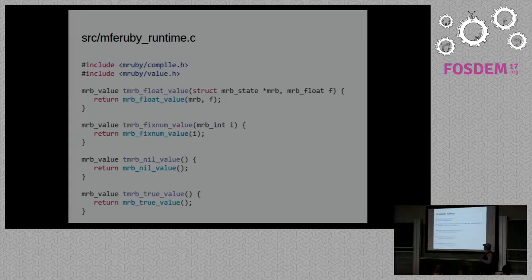So we have to wrap all the macros that we want from C in actual C functions, so they're publicly available for Rust to map to. This mruby runtime takes all that stuff and wraps it in actual C code, so I can access this inside of the libmrubysys crate, because now they're publicly available C methods.